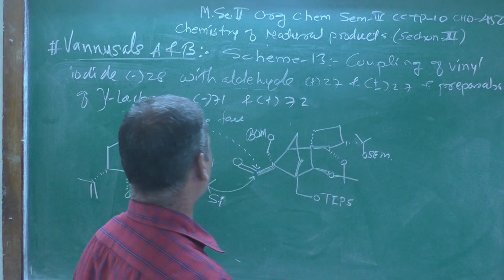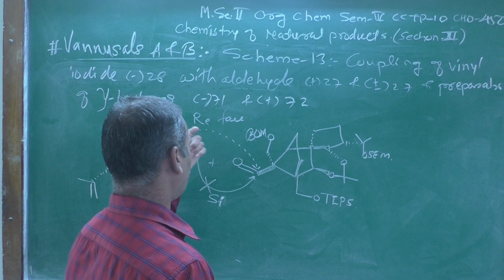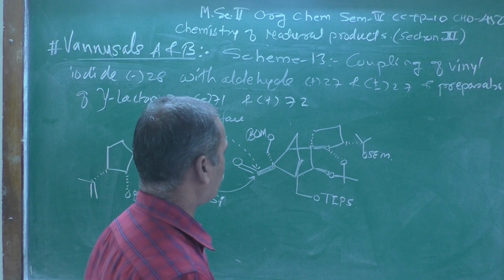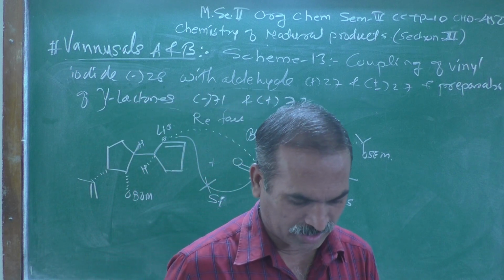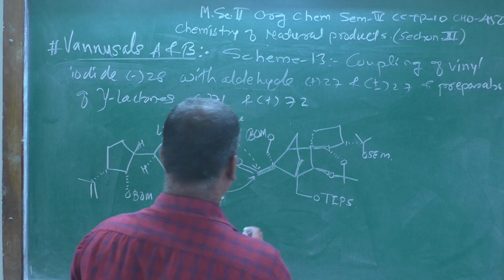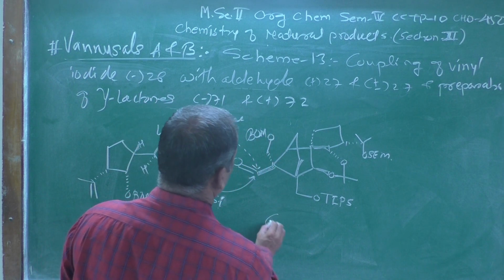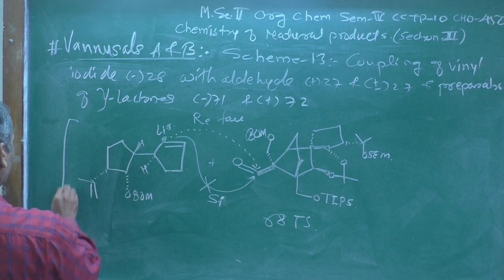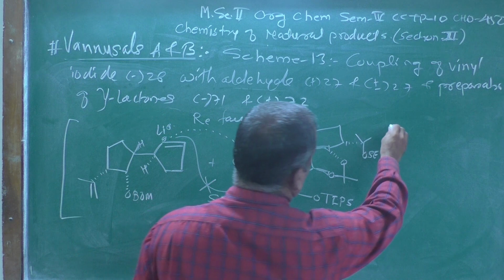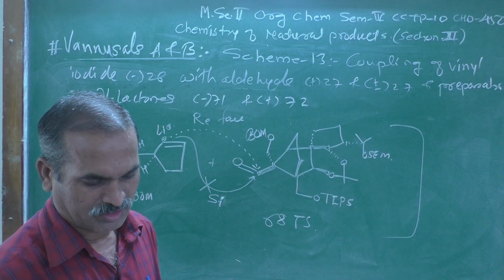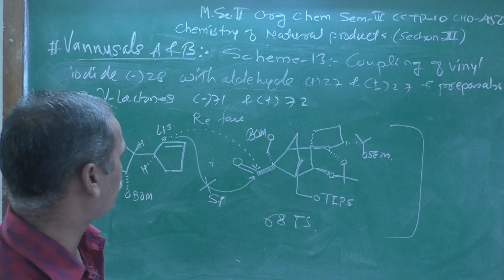Look, these are the faces over there. The re face means attacking from above and the si face means attacking from below. And this is nothing but the transition state 68. This I am showing in a square bracket. So this is a big square bracket because big molecules are there, and therefore it is a transition state.